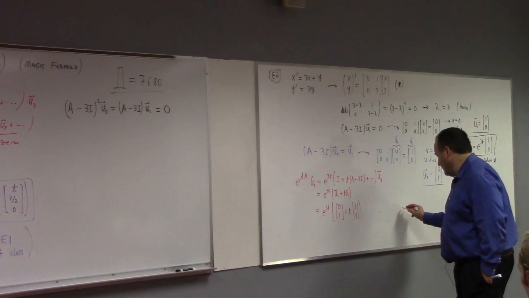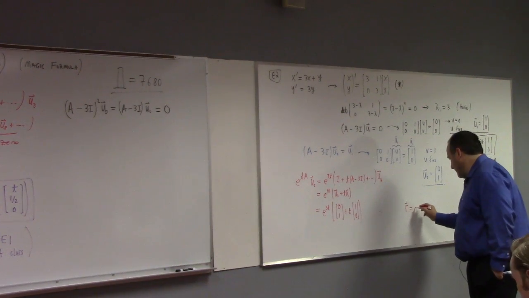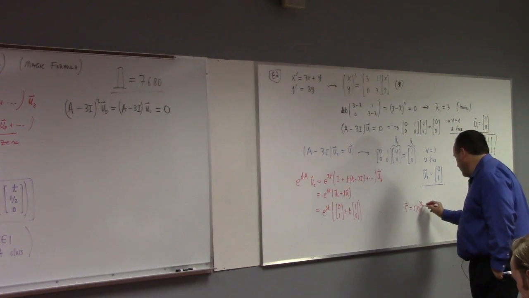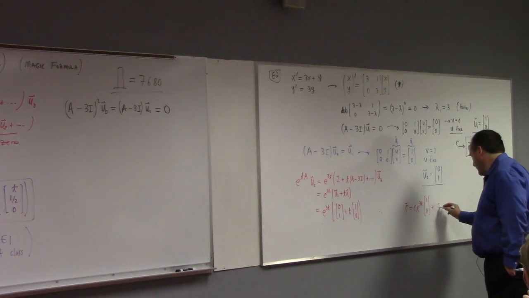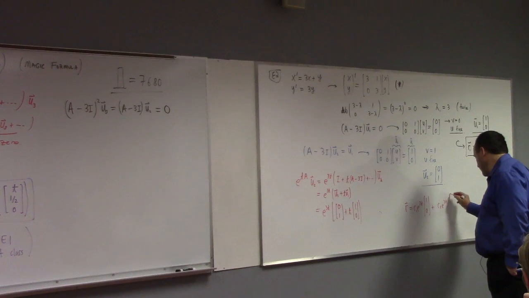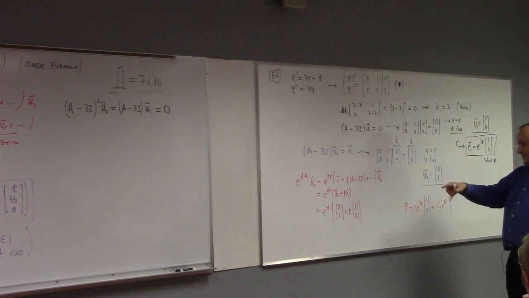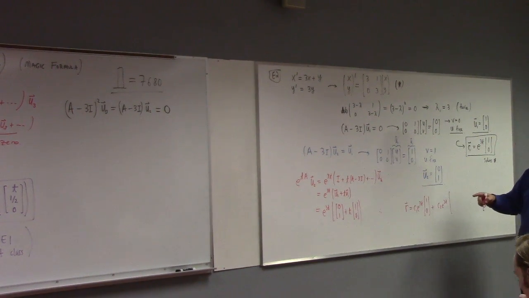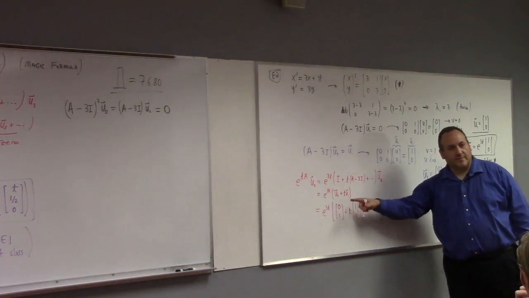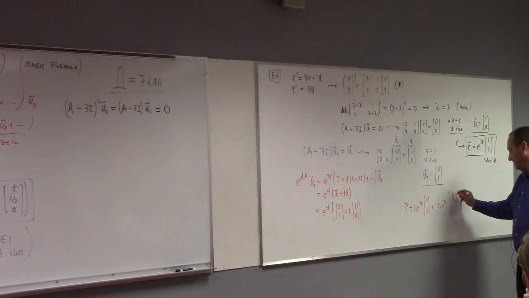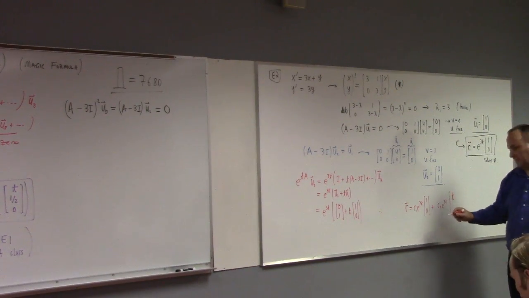So therefore, my general solution has the form c1 e to the 3t times (1, 0) plus c2 e to the 3t times, you can add that stuff together in the brackets over there. Add this together, what do I get? I get a t in the top component, and I get a 1 in the bottom component.